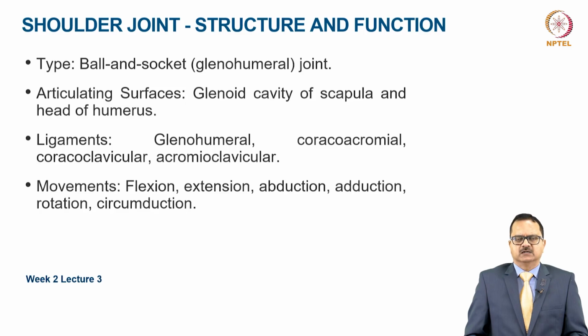And the movements are flexion, extension, abduction, adduction, rotation, and circumduction. As you probably must have realized by now, the shoulder joint is highly mobile but not very stable.